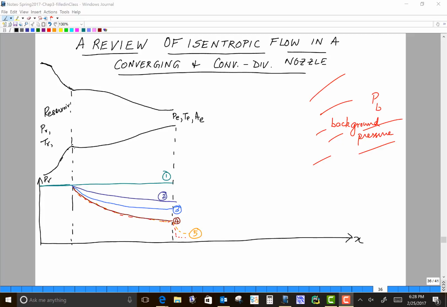Essentially, the problem there was you have a reservoir and you want to empty out or drain the reservoir using a nozzle, and we explored how the physics would behave if you use a converging nozzle, and subsequently we also explored what would happen if we use a converging diverging nozzle to isentropically drain out the fluid.